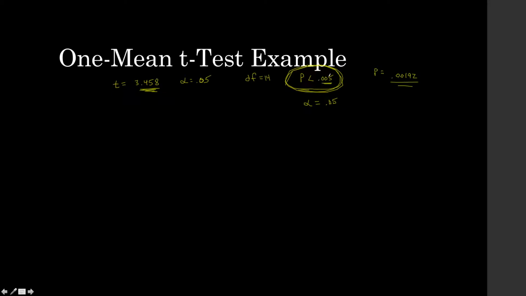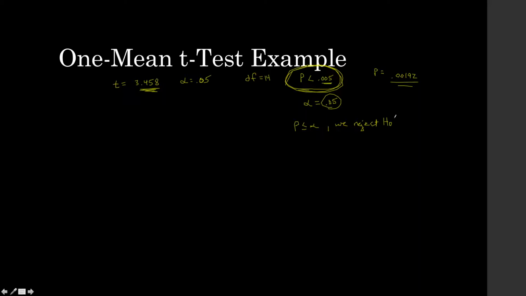It's going to be less than that, so that will always be less than alpha. So we reject the null. We found that out anyway with our critical value approach. So the test results are statistically significant.